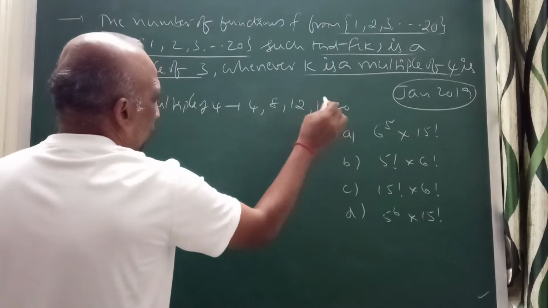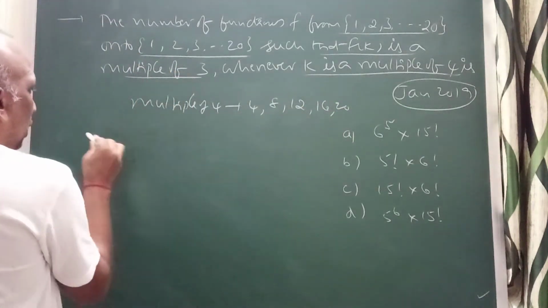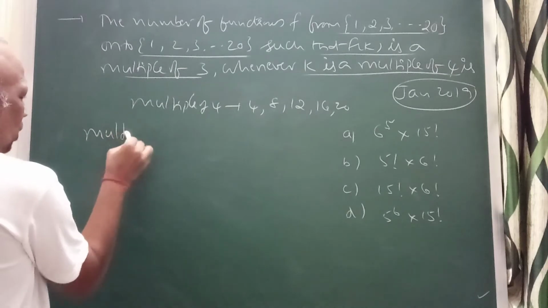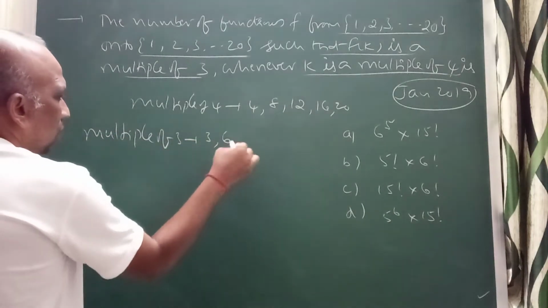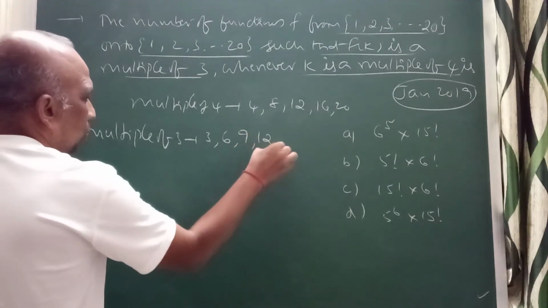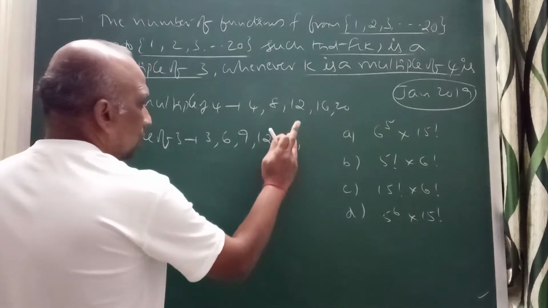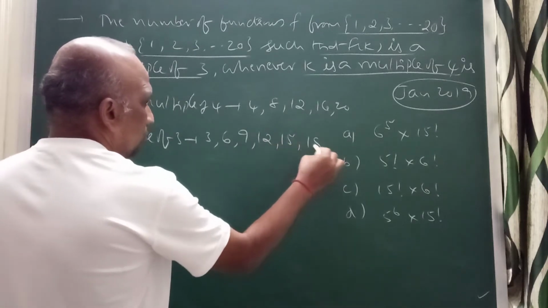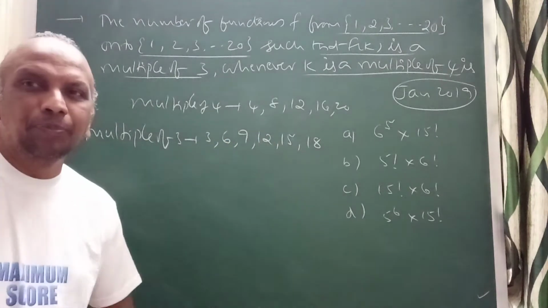So these are the multiples of 4, 5 numbers we have. If you take multiples of 3, you can check: 3, 6, 9, 12, 15, 18, correct? So these are the 6 we have.